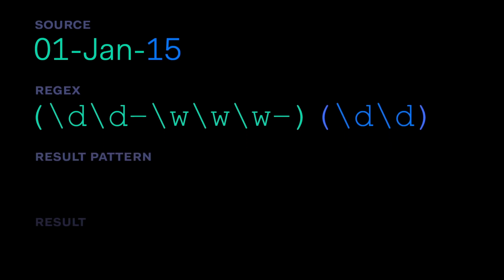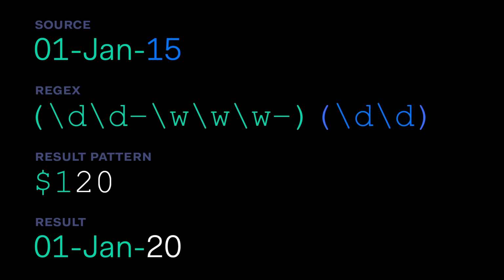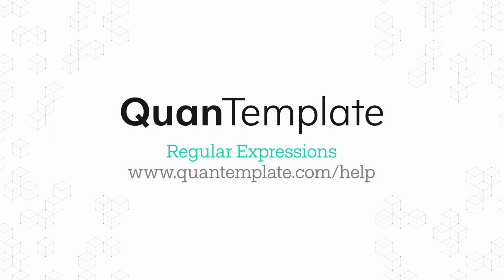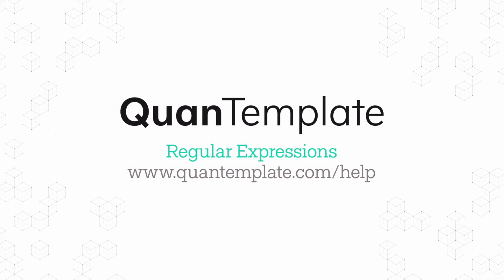Now enter the results pattern. $1 writes the first group. The digits 20 are added, and $2 writes the second group. The results take the first group of days and months, then adds the digits 20 to the start of the second group. This is just a fraction of what you can do with regular expressions.